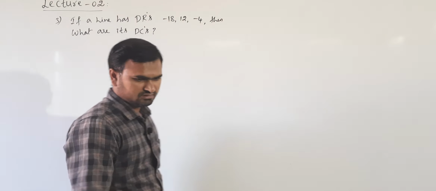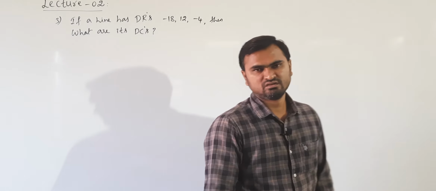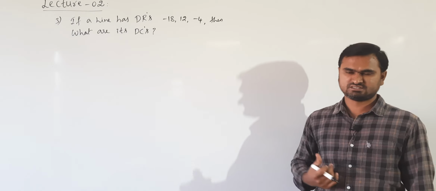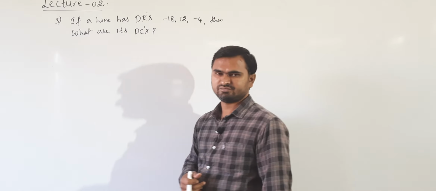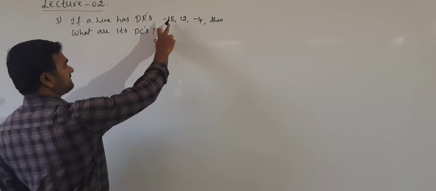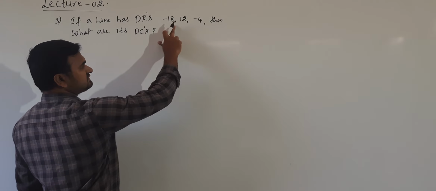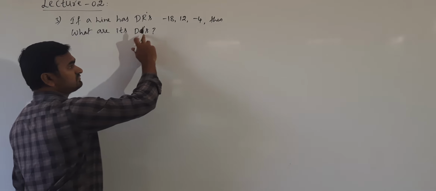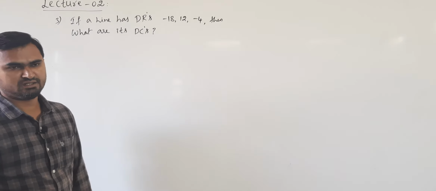So for a line here, direction ratios are given, we have to find direction cosines. Okay. So we know the relation between DCs and DRs. DRs are given, it is in the form ABC. So if you know DRs ABC, how to find DCs LMN?